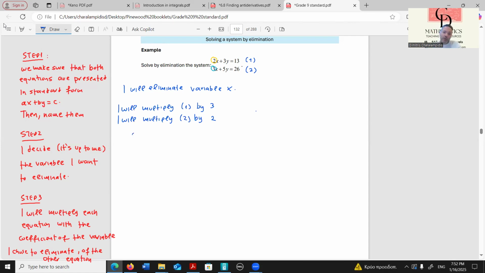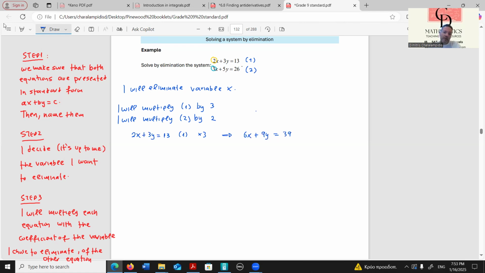So, given 2x plus 3y equals 13, which was equation number 1, if I want to multiply this by 3, this will become 2x times 3, 6x, 3y times 3 plus 9y, 13 times 3 equals 39.